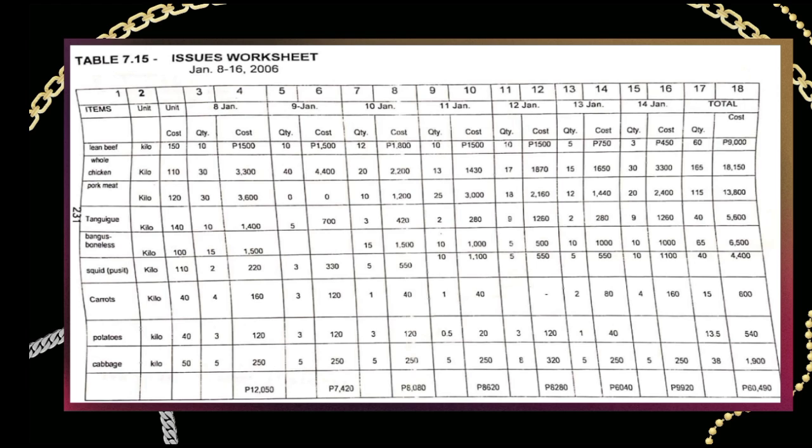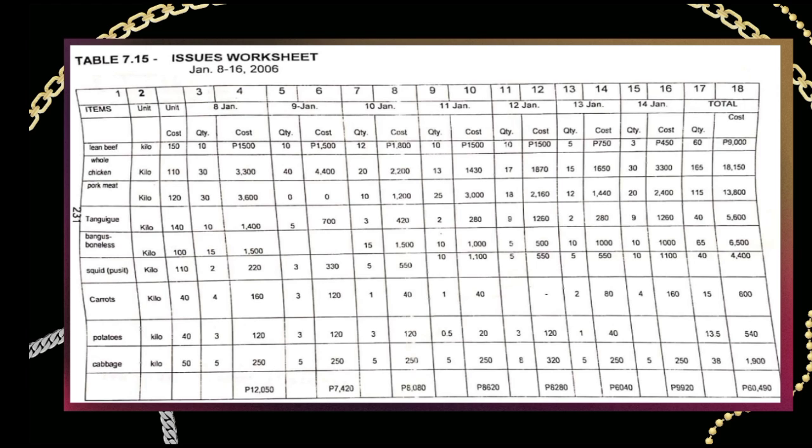Posting of issuances is distributed according to department or area, for example, hot kitchen, bread and pastries, or outlet 1 or outlet 2. This helps to determine how much each department consumes. The first is that requisition slips are batched daily. Second, the quantity being issued is matched with the available items on hand.